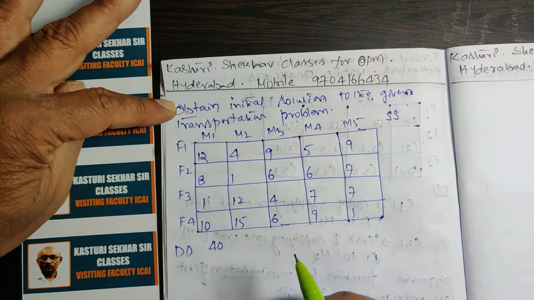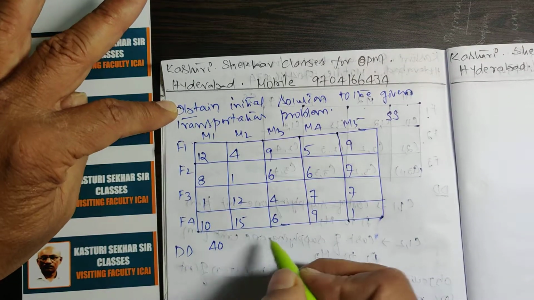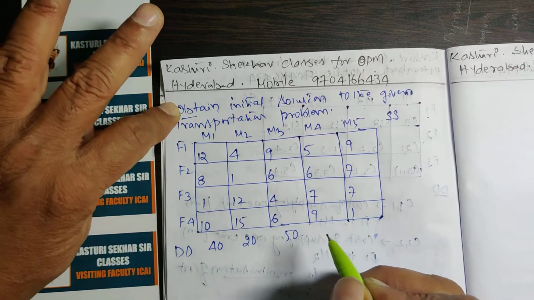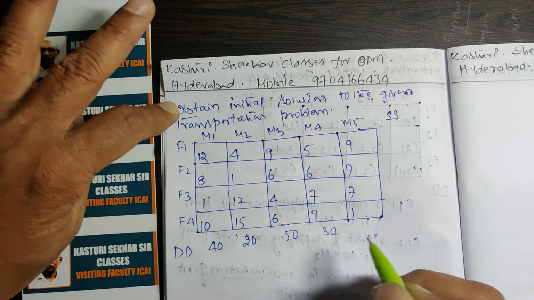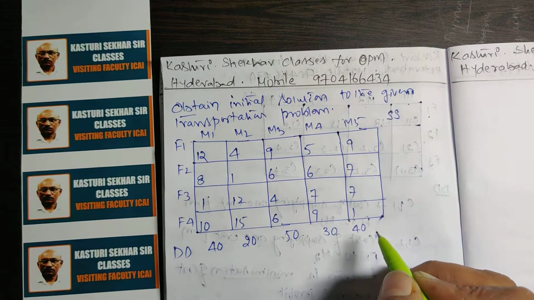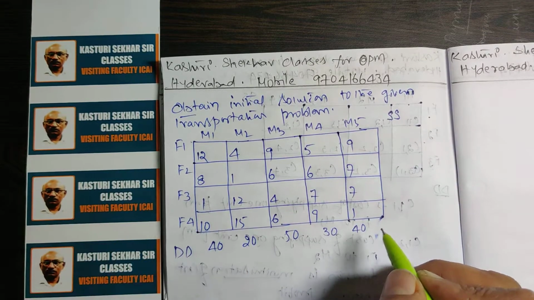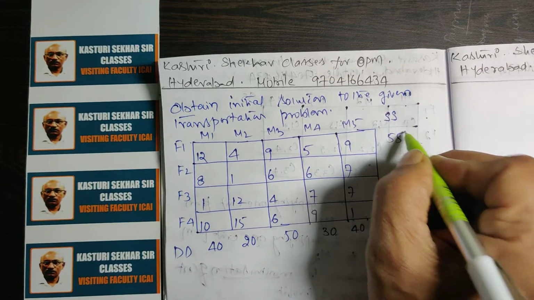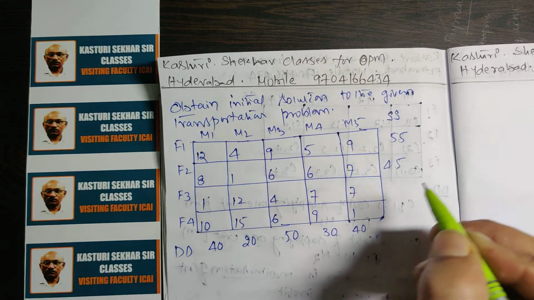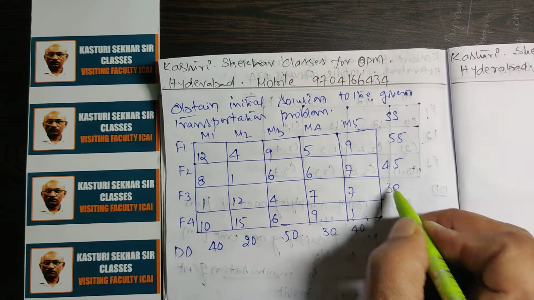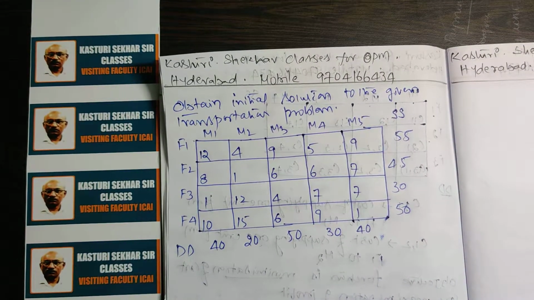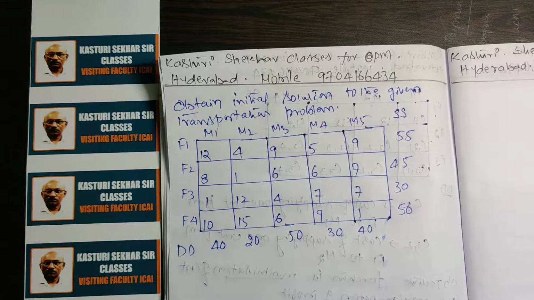Demand at the markets is 40, 20, 50, 30, 40. Supply at the factories is 55 units, 45 units, 30 and 50. This is my transportation problem.